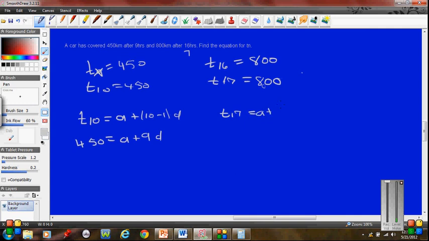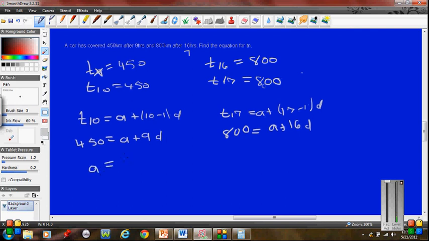T17 equals a plus n minus 1 d, oh sorry, it's not n here, 17 minus 1 d, is equal to a plus 16d, which is equal to 800. Alright, so now let's isolate for a like we did in our other example.